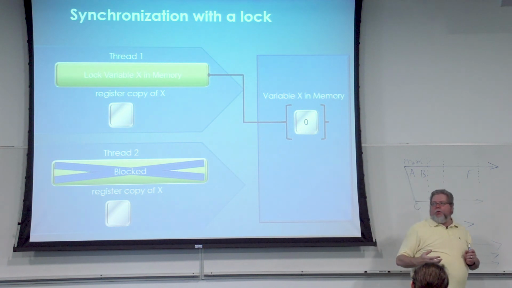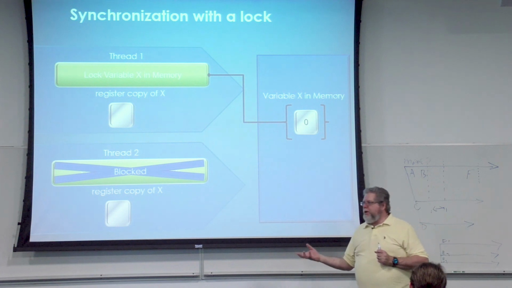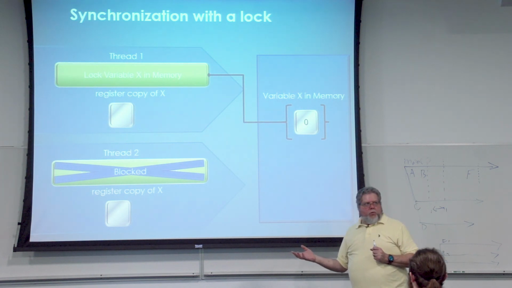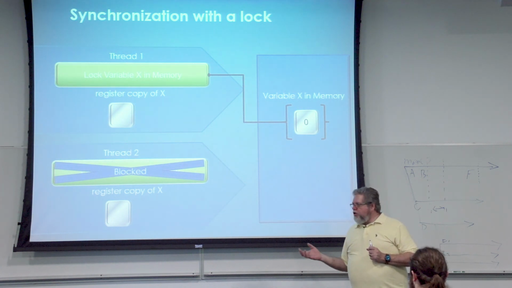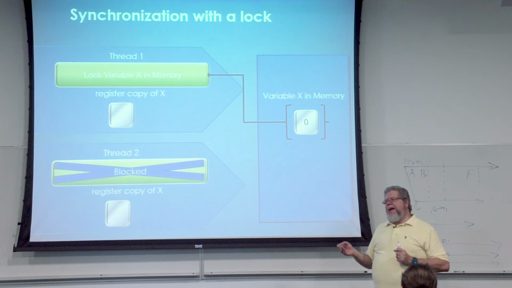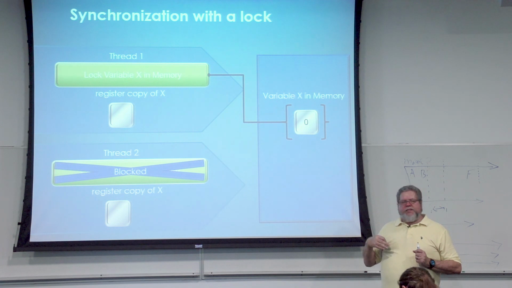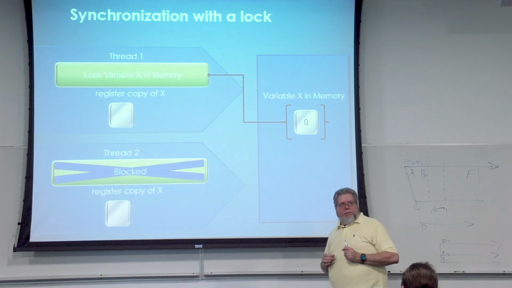This is referred to as taking ownership. So I'm taking ownership of this variable. If I have ownership, I am the only one who can manipulate it. If anyone else attempts to take it, they will receive a signal back saying, this is already owned by someone else, and they will get blocked.